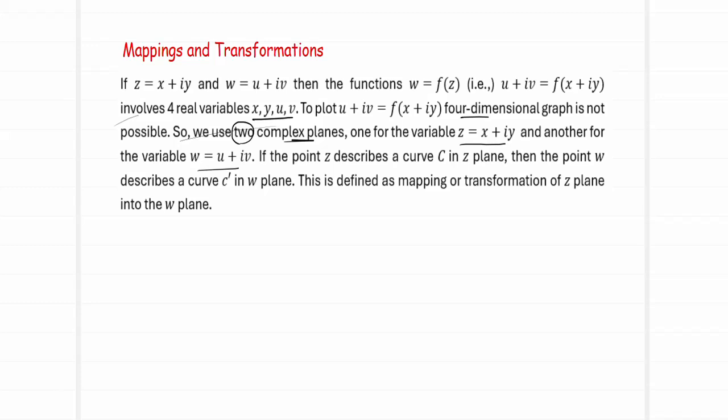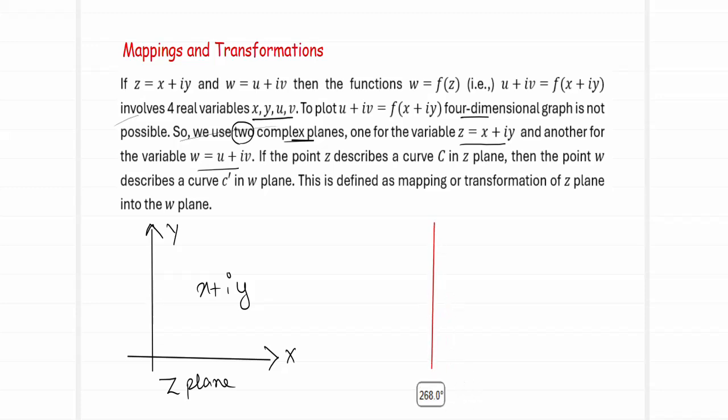So what primarily happens over here is, suppose we have the z plane which represents x plus iy. So we have the x-axis over here and our y-axis over here. And now we have the other one to be the w plane. What happens in our w plane?